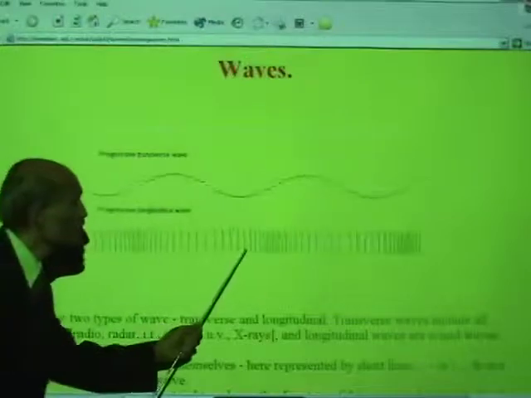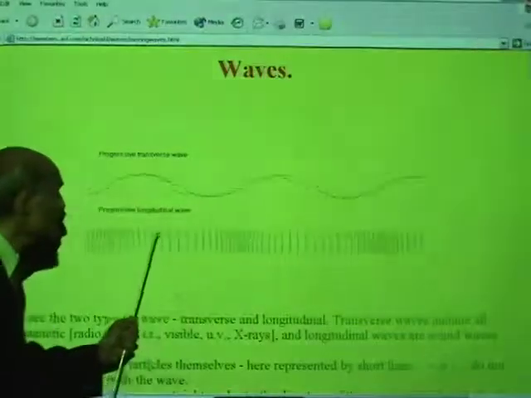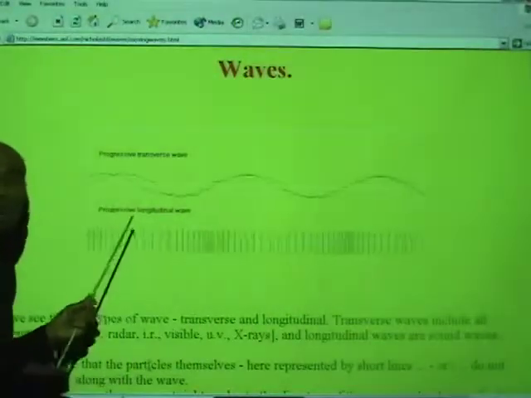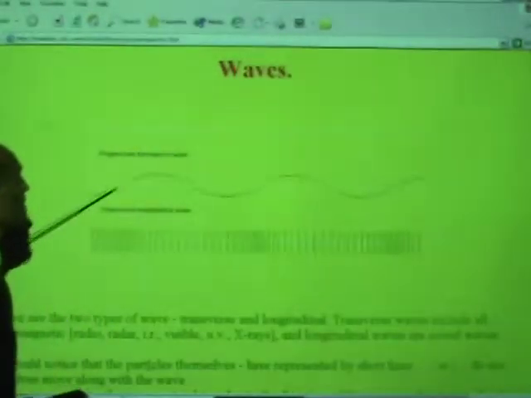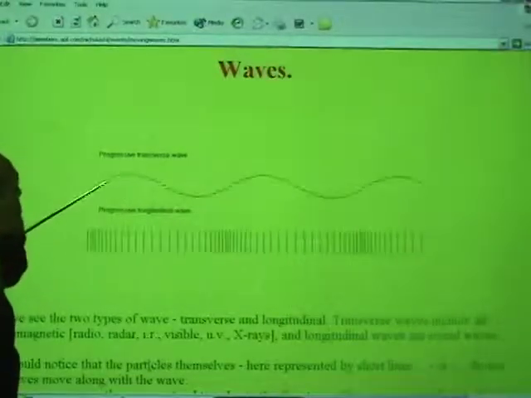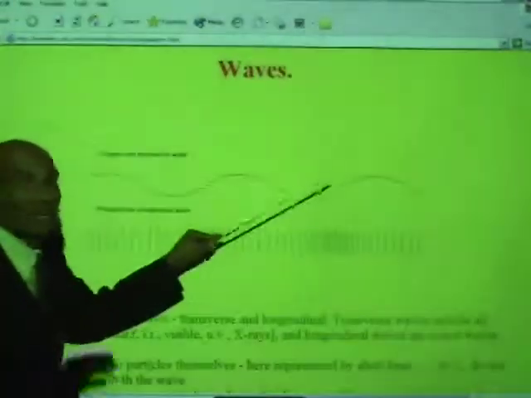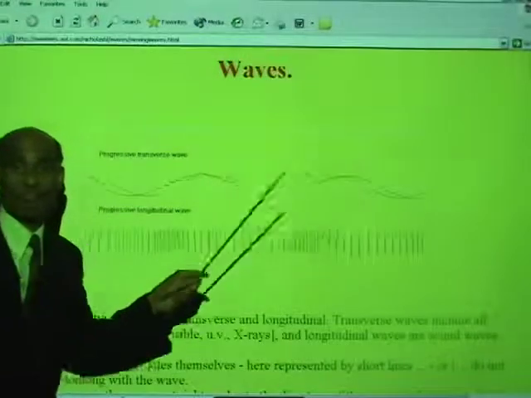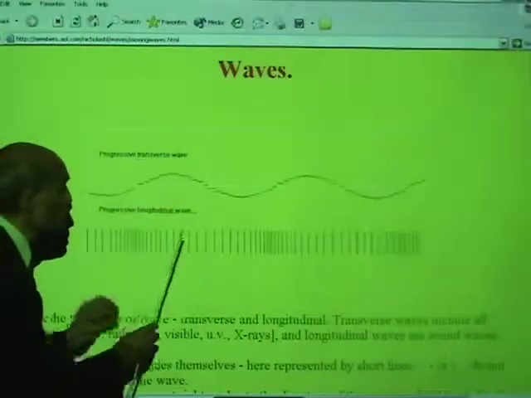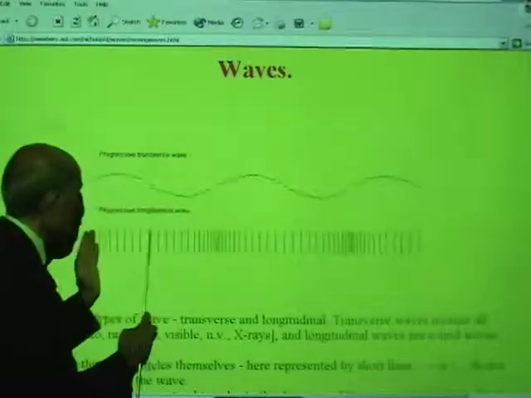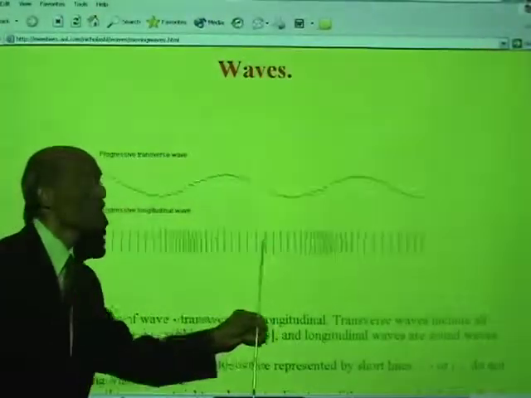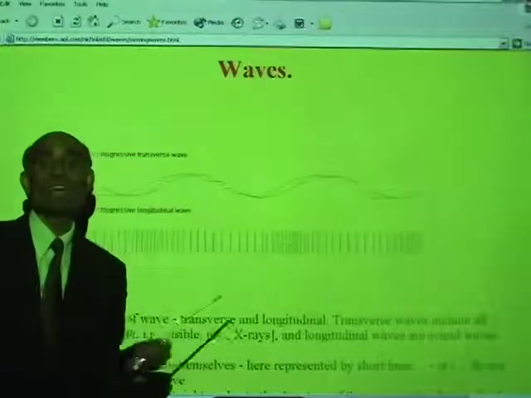So you get regions of high density and regions of low density. So the characteristic of a transverse wave is that it has crests and troughs. Whereas longitudinal waves have regions of high density and regions of low density, which move away along the medium.